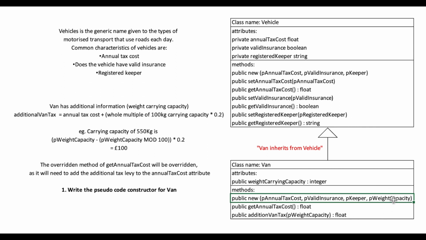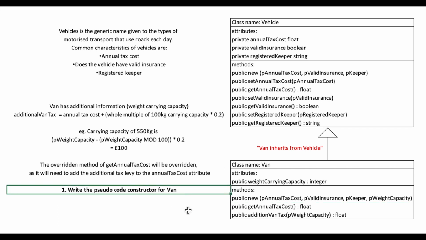That's very important that this order is kept. So now we will look at this question here, and it asks us to write the pseudocode for a constructor of the van class. So we'll now look at the pseudocode solution for that.